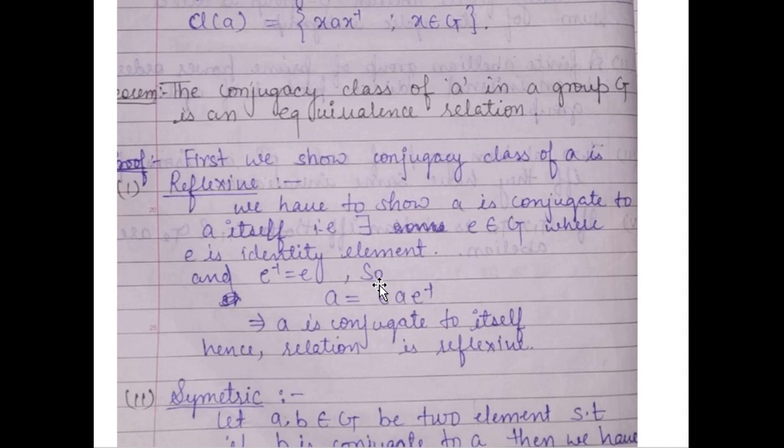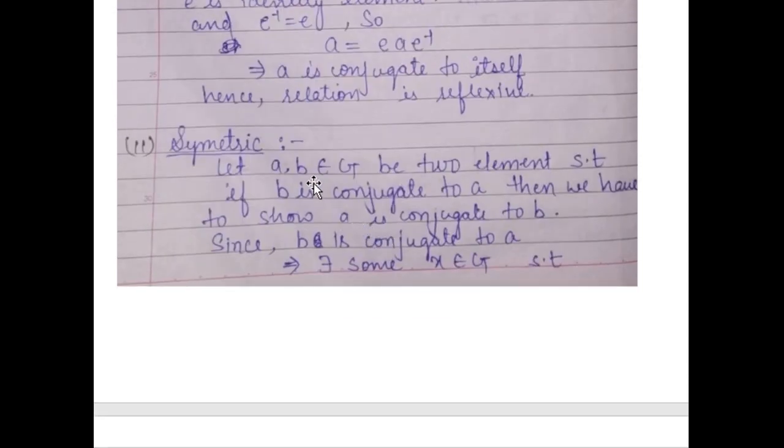Now secondly we have to prove the relation of conjugacy is symmetric. That is, we have to show that if A is conjugate to B, then B is also conjugate to A. So for that, let A and B be any two arbitrary elements of G such that B is conjugate to A. Now we have to show A is also conjugate to B. Since B is conjugate to A, by the definition of conjugacy, there exists some x belonging to G such that B is equal to x A x inverse.